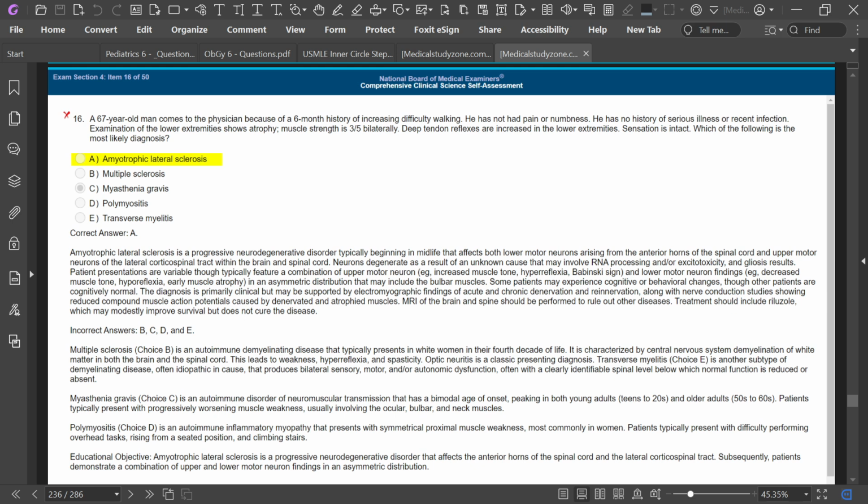Neurons degenerate as a result of unknown cause that may involve RNA processing and excitotoxicity, and gliosis results.